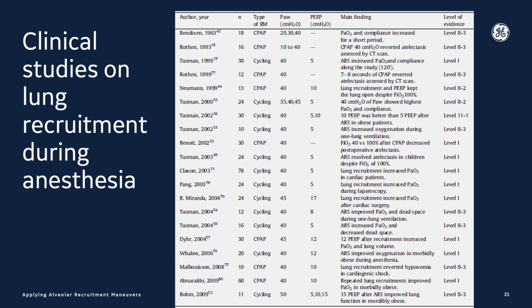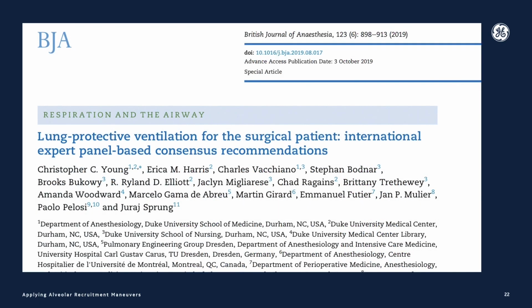A number of studies investigated the impact of recruitment maneuvers and open lung ventilation, from Ben Dixon in 1963 all the way through studies published through 2009. This paper, published in 2019, sought to review the growing body of evidence of protective lung ventilation in the operating room and provide expert-based recommendations.